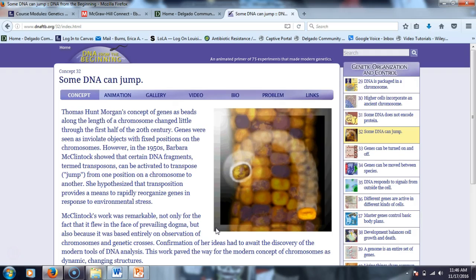And again, the modeling that Pauling did for proteins is part of what Watson and Crick looked at to be able to do their ball and stick diagram for DNA structure.